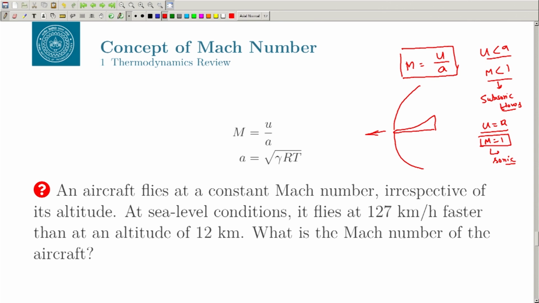Let us talk about the same object, okay, here. Let's say this is the object that is moving in this direction at a speed which is higher than the speed of sound, right.